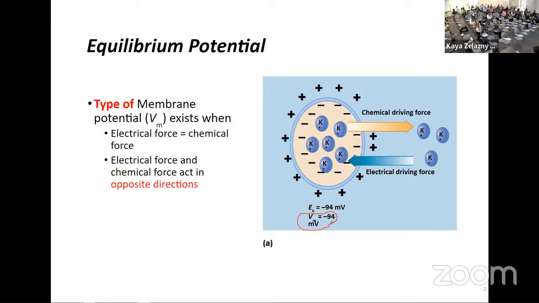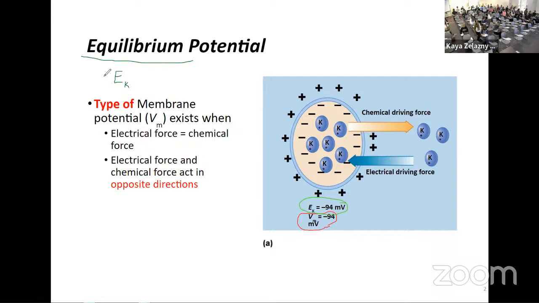But we have a new label on here, right? We now have this EK, E sub K. The E is for equilibrium, and the K is telling us that this is about potassium. K is our symbol for potassium ions.